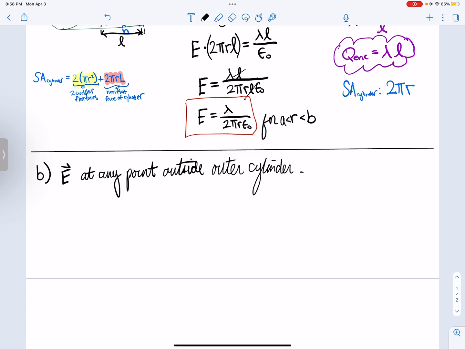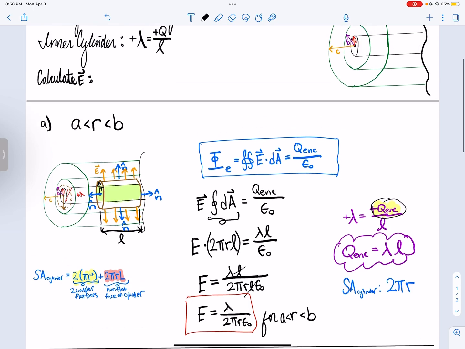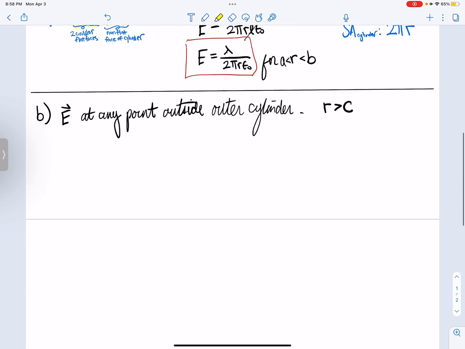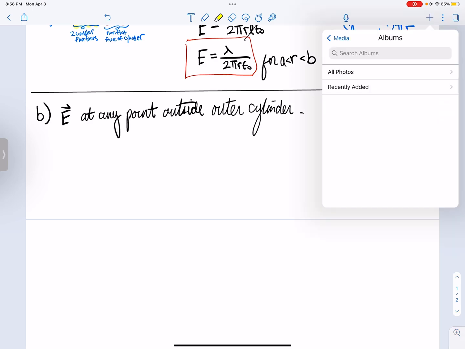Okay? So that's when my R is going to be greater than radius C, because my outer cylinder has an outer radius of radius C. So I'm going to plug that in.